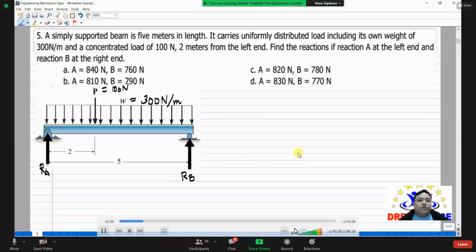Yan yung hanapin natin. Since naka-distributed load pa ito, isi-simplify natin siya into its equivalent concentrated loading.